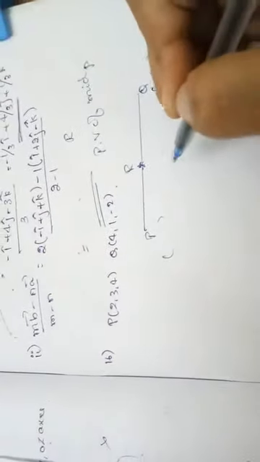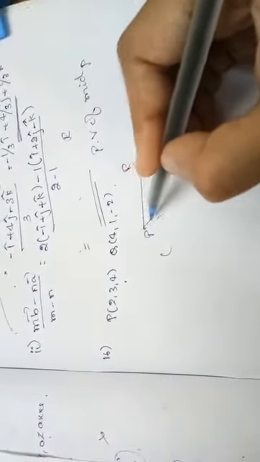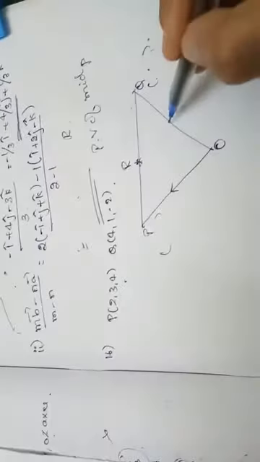I call the point R, such that R is the midpoint of the line segment PQ. They have given the coordinates of points P and Q, which means we can easily find the position vector OP and position vector OQ.